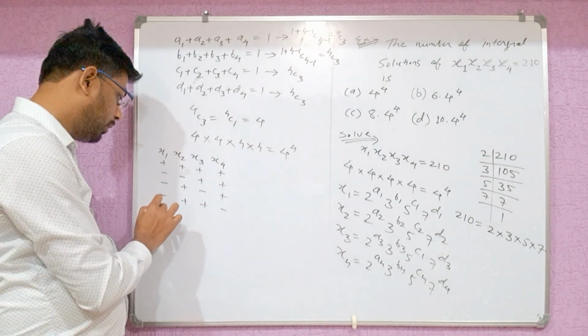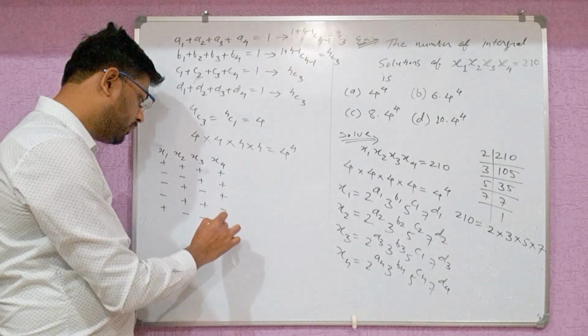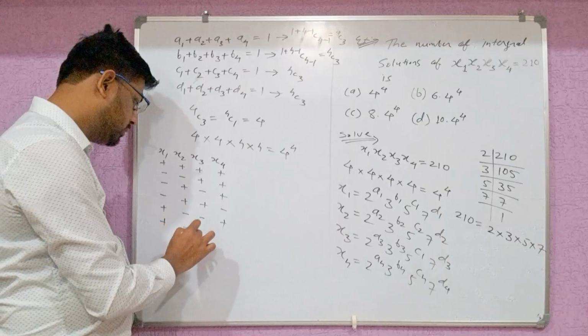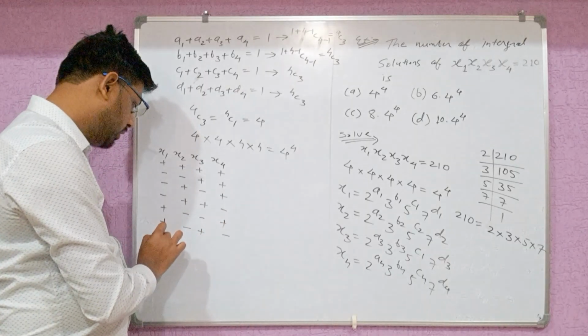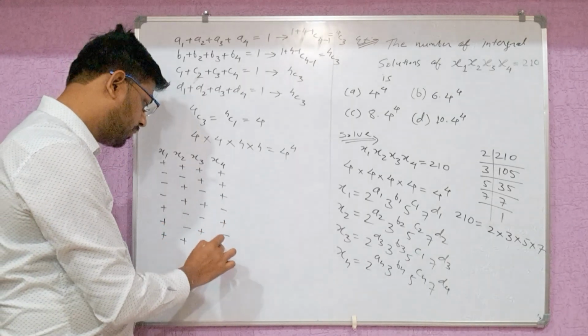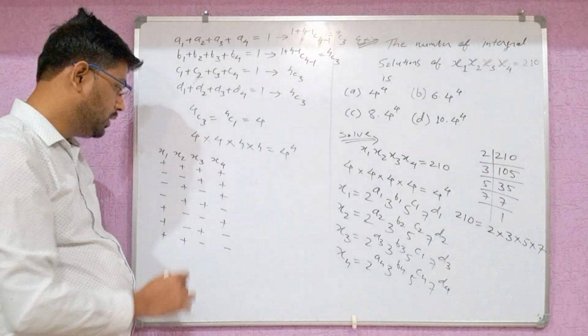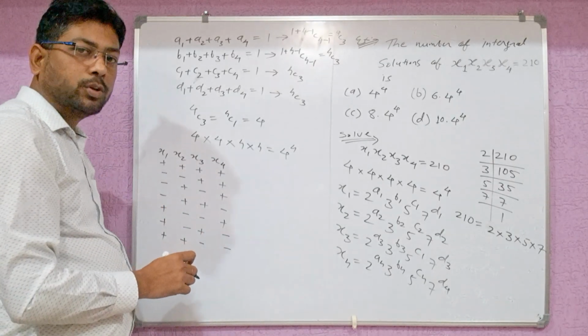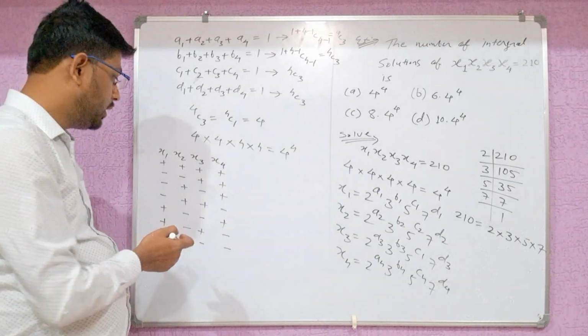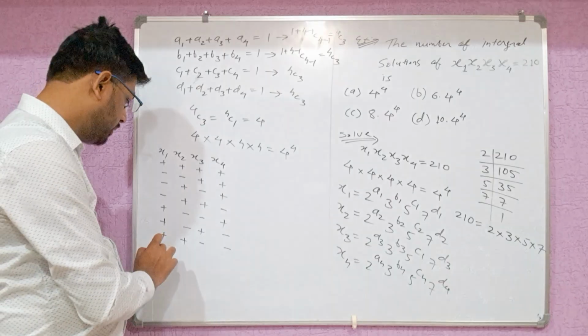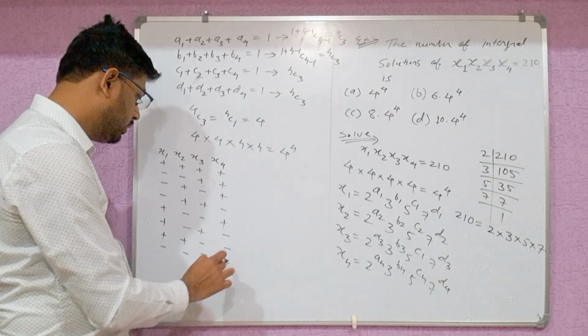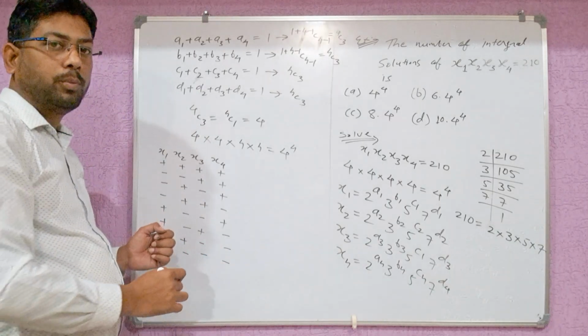Then I am taking second and third negative, then second and fourth negative, and then I am taking the last 2 negative. Okay, these are all the possible combinations when 2 numbers are negative. Or all 4 can be negative. 1, 2, 3, 4. Okay, so these are all possible cases.